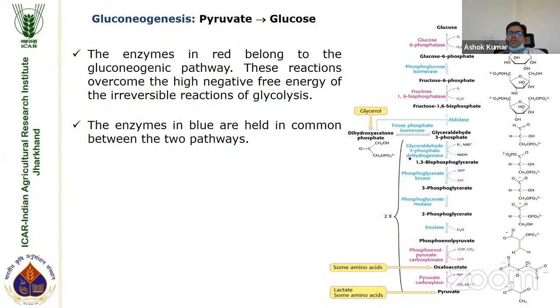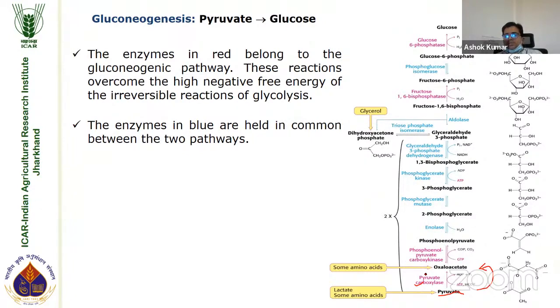What do we do in the gluconeogenesis pathway? Both are the same, but you can see it in the opposite direction. First, pyruvate is carboxylated. In the presence of pyruvate carboxylase, we convert it into oxaloacetate.